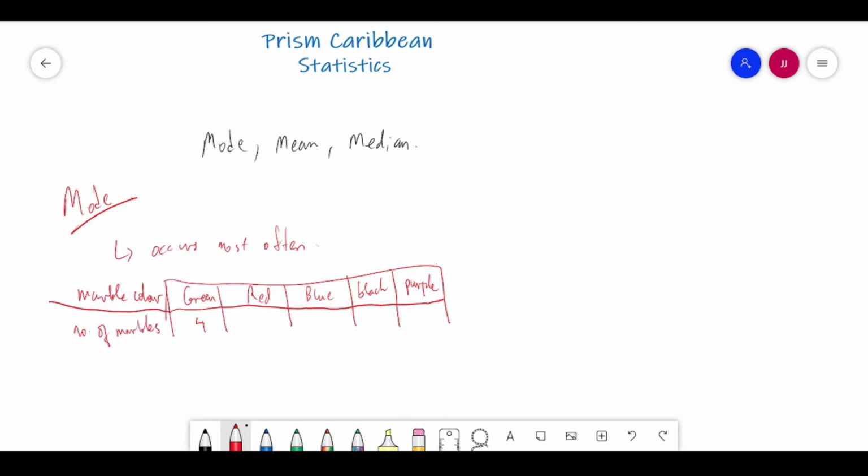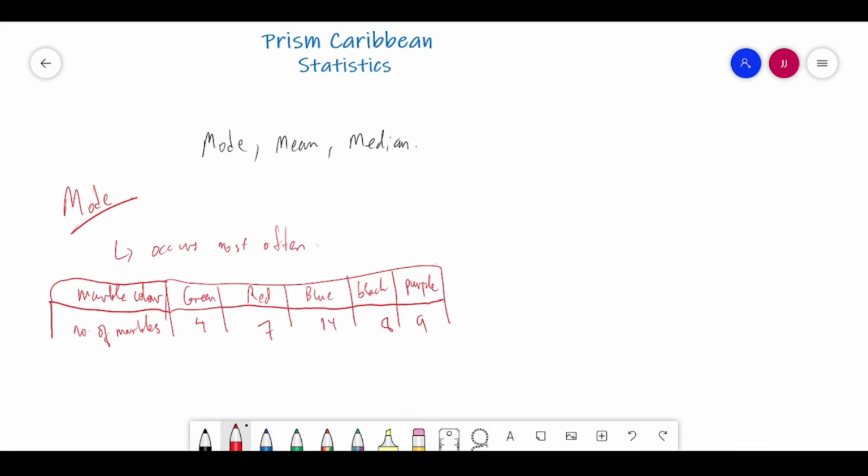Right, we're gonna go through with that numerical order. So let's say we have 7 red, 14 blue, 8 black, and let's just say 9 purple, right?